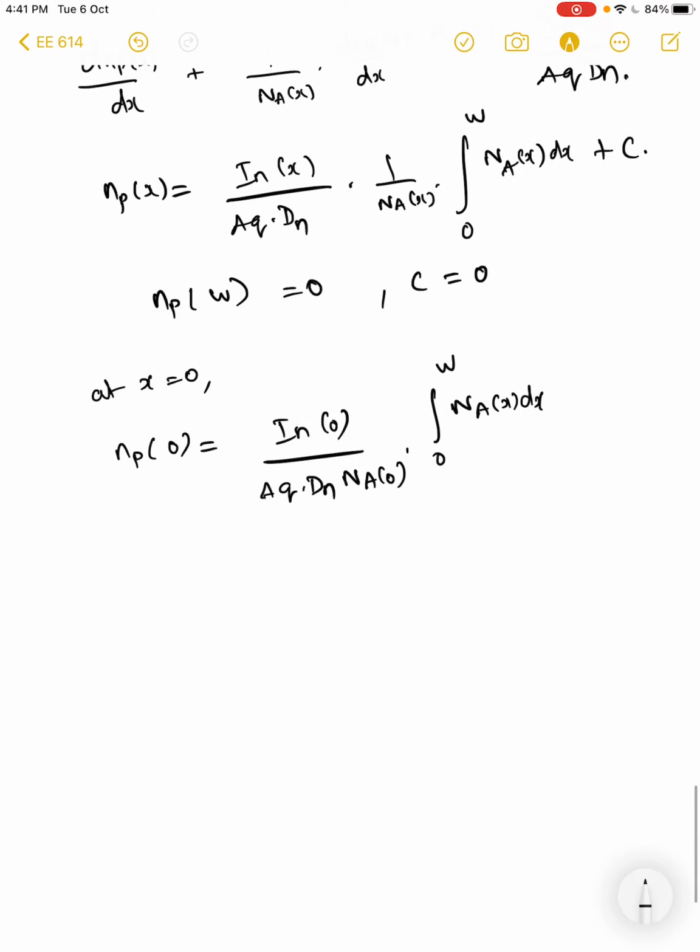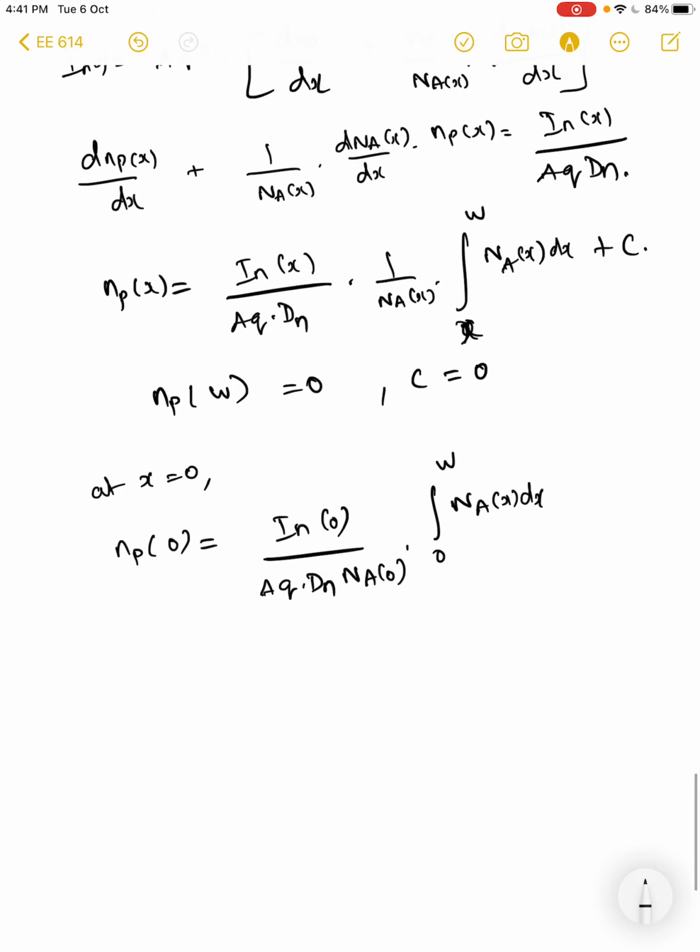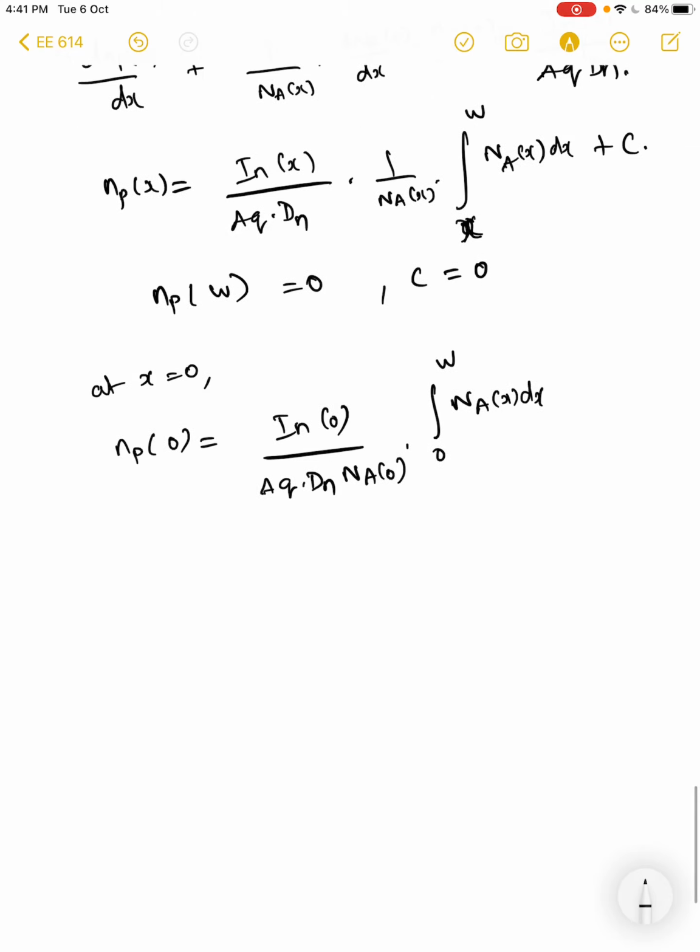Actually, this should be x2. This is the actual solution, right? And we know this In(0) is basically the INE, right?